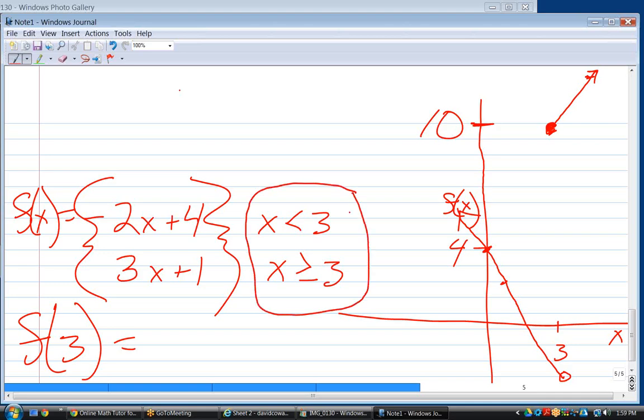It's not in the top one. F of 3. The top one only applies when x is less than 3. The bottom one applies when x is either equal or greater than 3. So which function applies? The bottom one. And what is f of 3? 10. That's the answer.